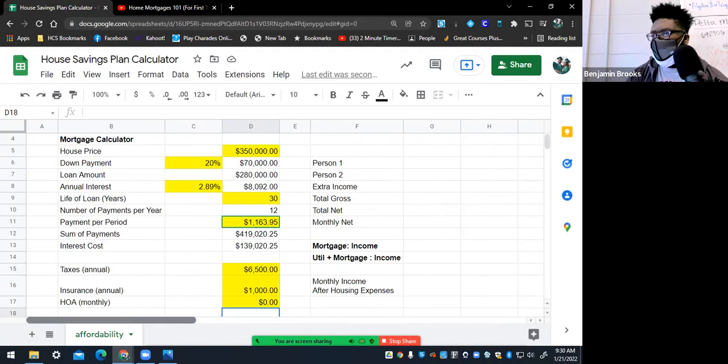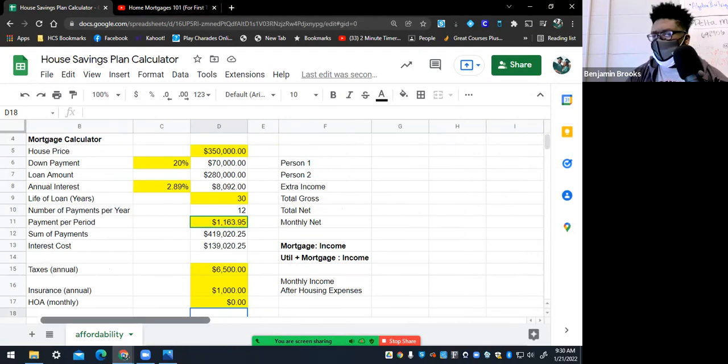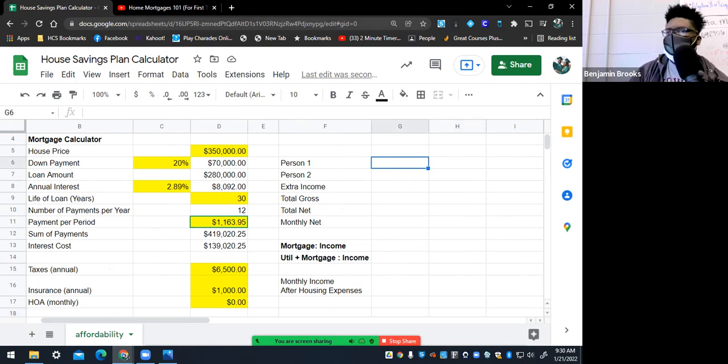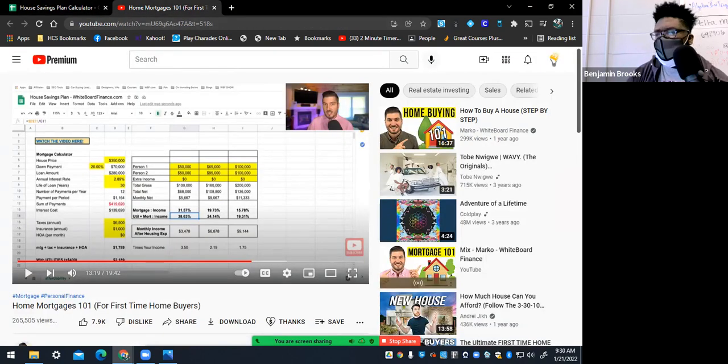To determine whether this home is affordable or not, we're going to create some scenarios, and he has 3 of them. He's got the scenario where person 1 makes $50,000 and person 2 makes $50,000, if you're a couple or it's 2 people buying a home together.